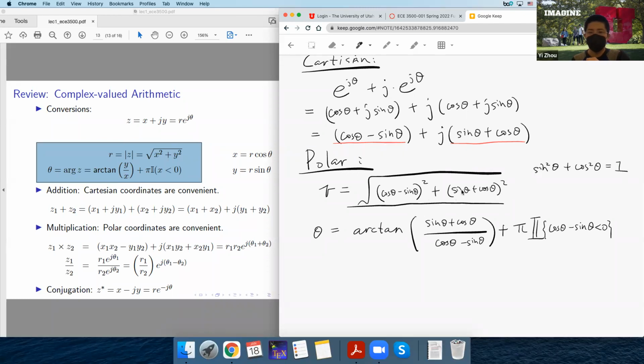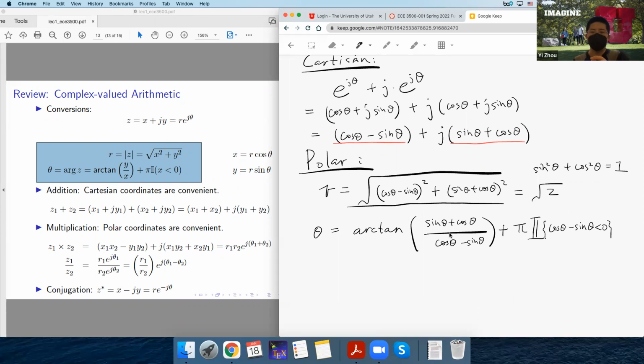So you have cosine squared plus sine squared minus the cross term, and here you have sine squared plus cosine squared plus the cross term. So the cross term gets canceled out. And so you have 2 times sine squared plus 2 times cosine squared, which gives you the square root of 2. So that is the r.